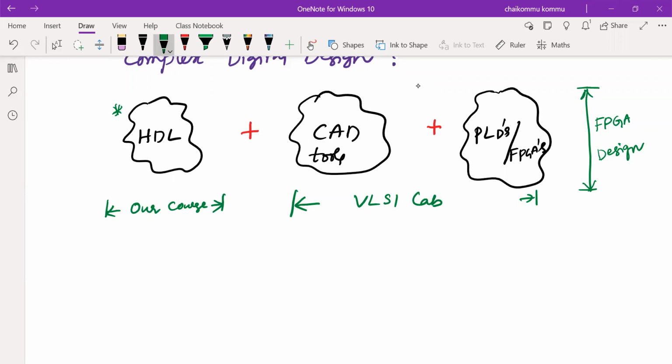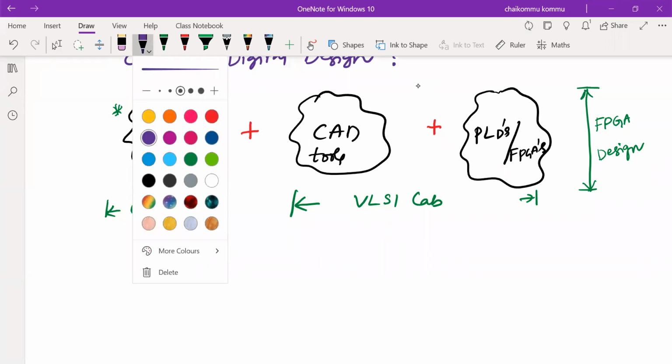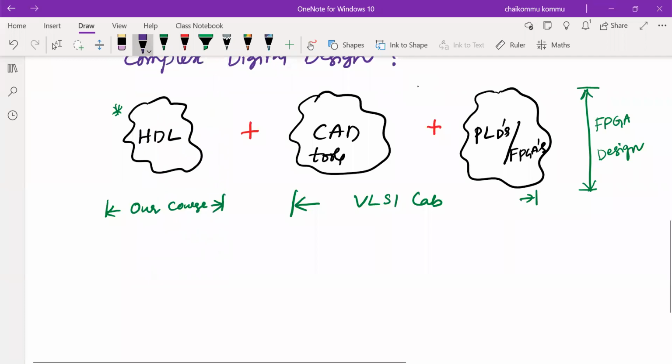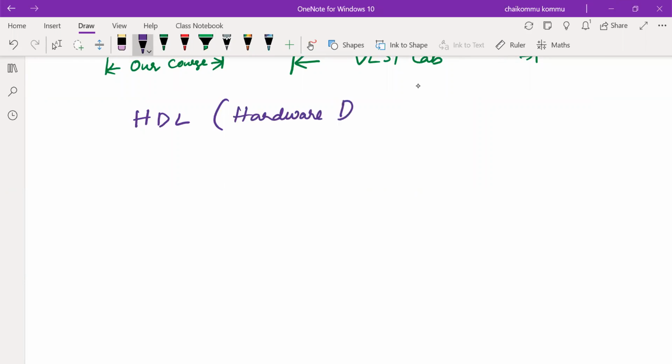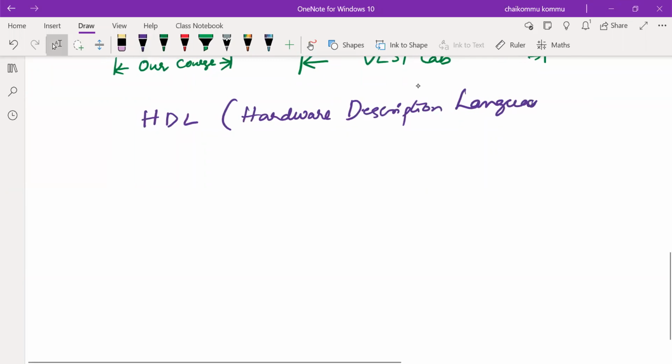Now, so far so good. Now let us consider another one. As I mentioned, we are talking about HDL, right? What do you mean by HDL?